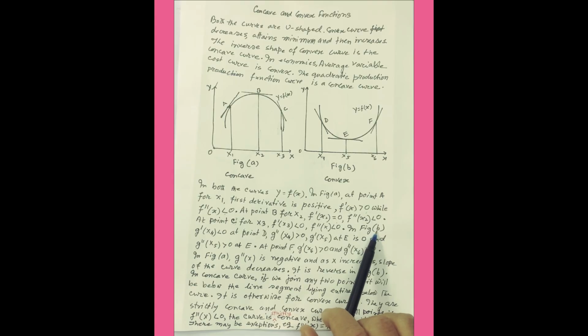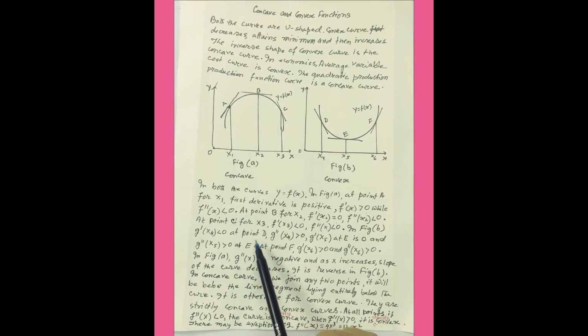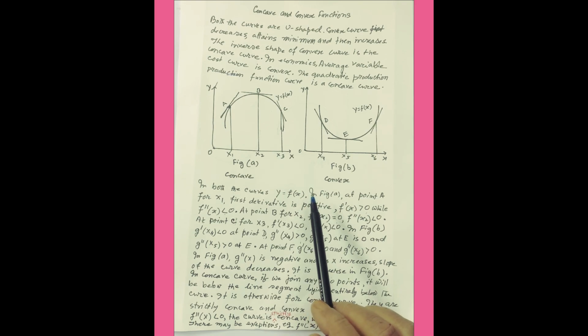In figure B, the first derivative at x4 is negative at point D, and the second derivative is positive.